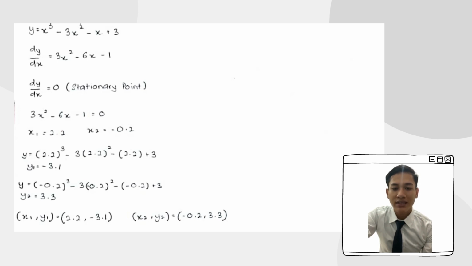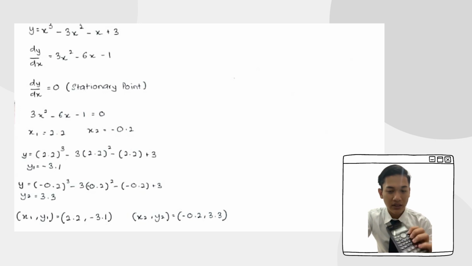The answer is dy/dx equals 3x^2 minus 6x minus 1. For a stationary point, dy/dx equals 0, so 3x^2 minus 6x minus 1 equals 0. How do we get the answer for 3x^2 minus 6x minus 1 equals 0?